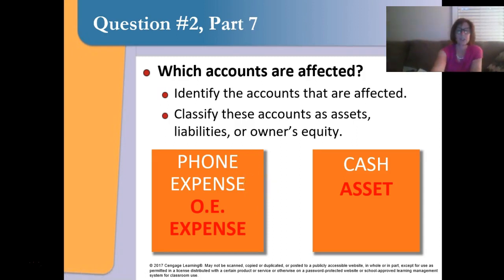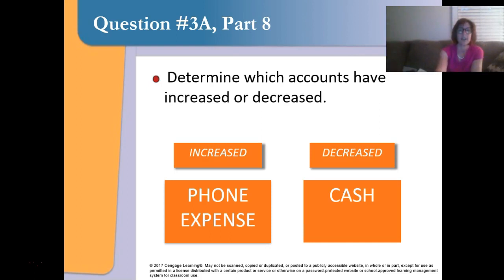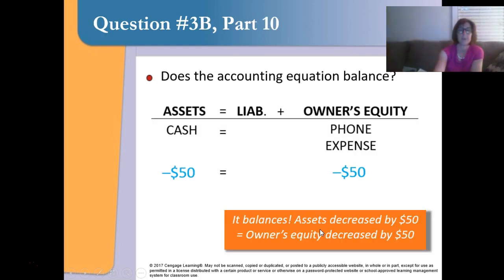So that's going to look just like our rent did. It increased the phone expense and decreased our cash. Those things happened on the opposite side of the equal sign. So we are still in balance.